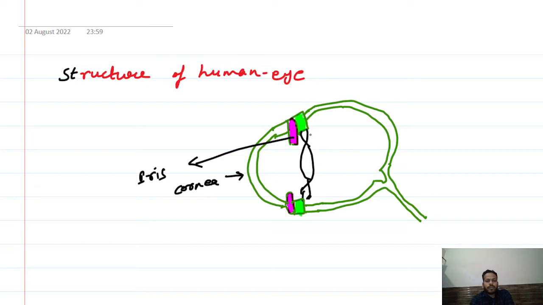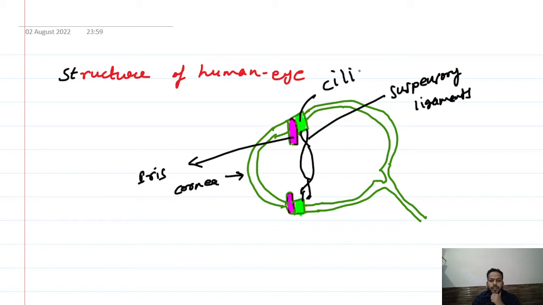Okay, so this is called suspensory ligament. And this is called ciliary muscles. And definitely this is called eye lens.